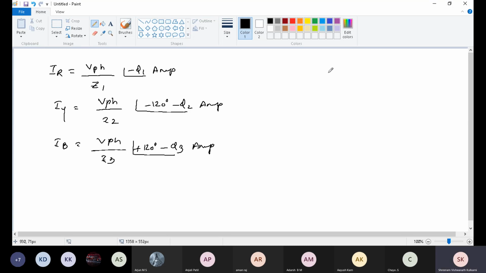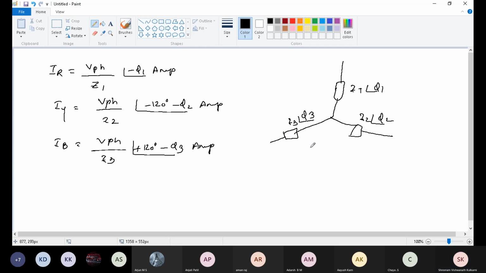Here I can say Z1, Z2, Z3. Sorry, Z2, here Z3. This one is with an angle of phi 1, this one with an angle of phi 2, this one with an angle of phi 3.